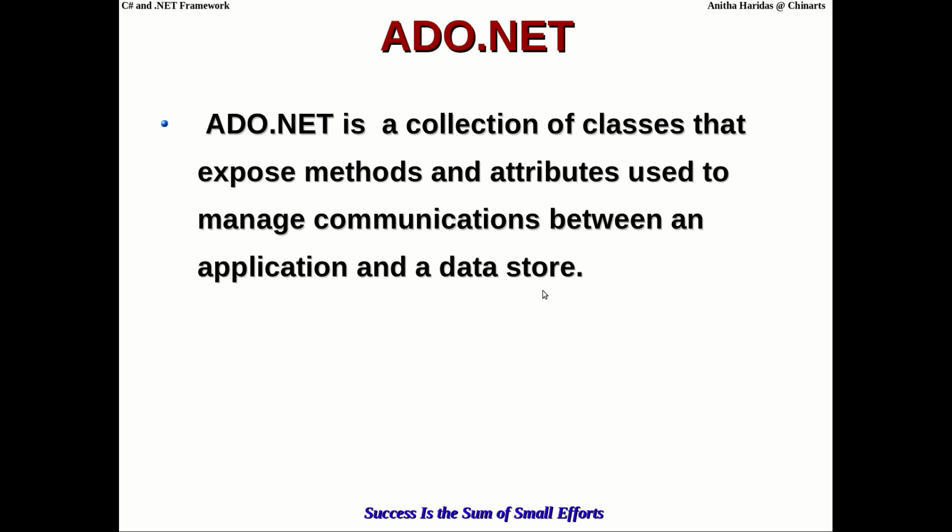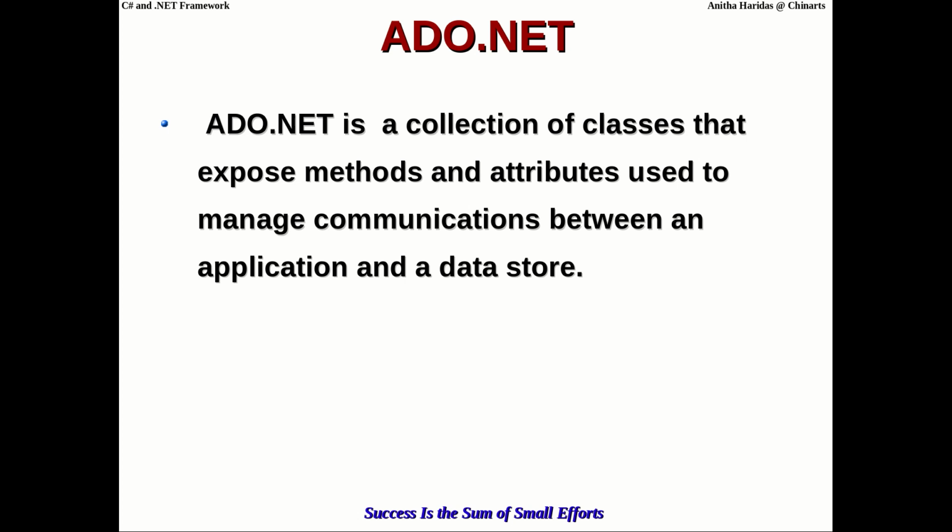So just recollect some of the predefined classes we have already discussed. Array is a class which is already available. ArrayList is also a class which is already available. String is a predefined class, or StringBuilder is a predefined class.